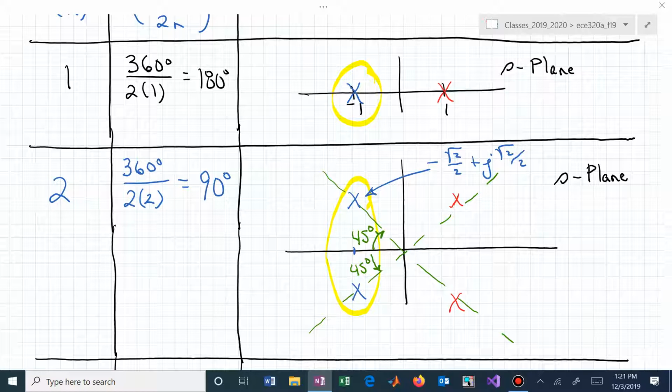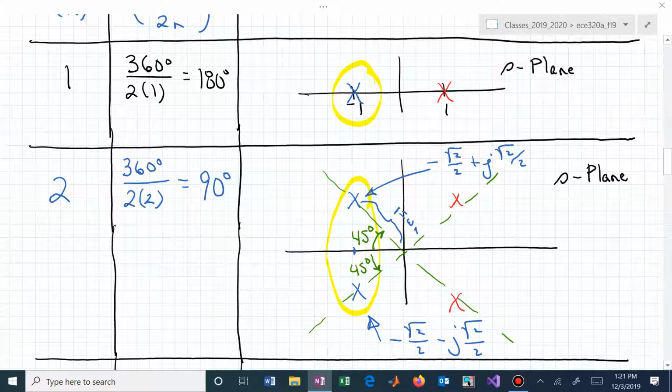I can now compute because I know this distance, this natural frequency, is 1. This one, same distance into the left half plane. It's just now minus j square root of 2 over 2.